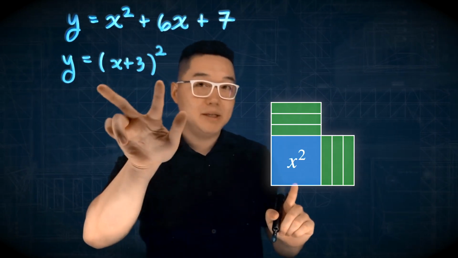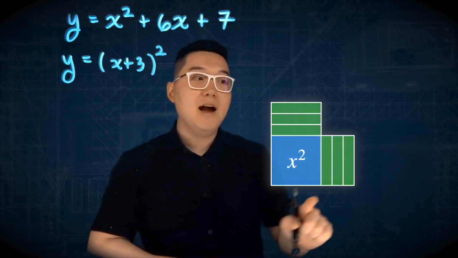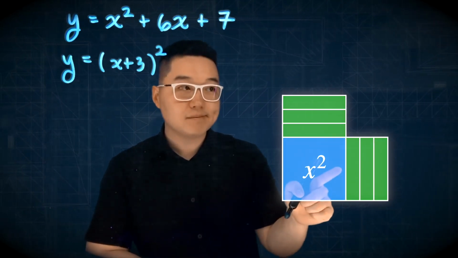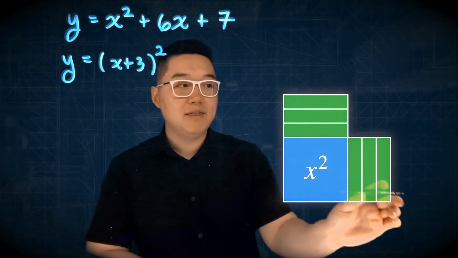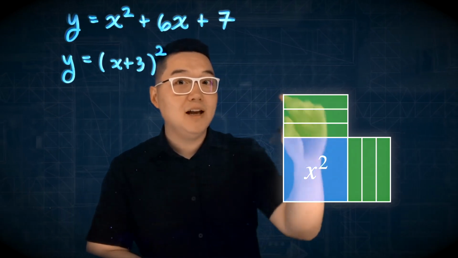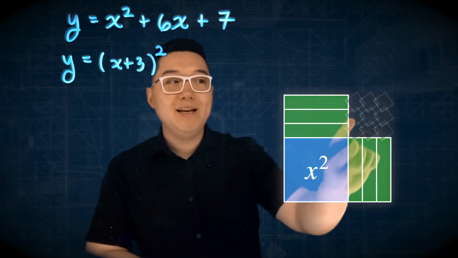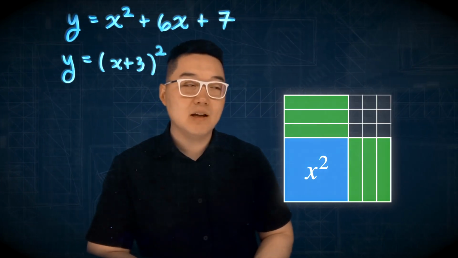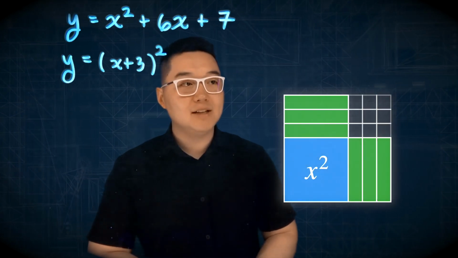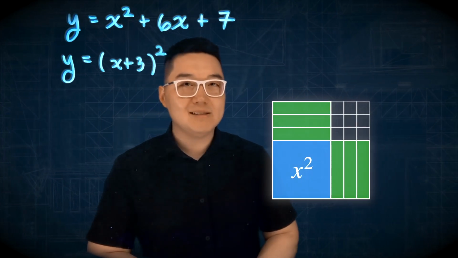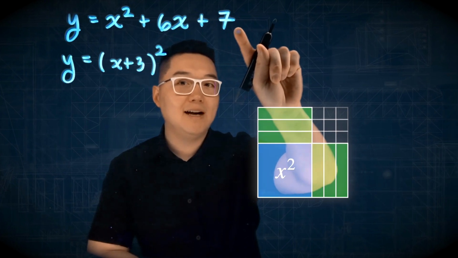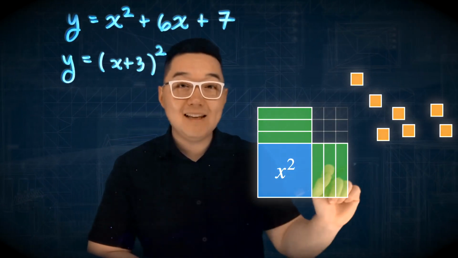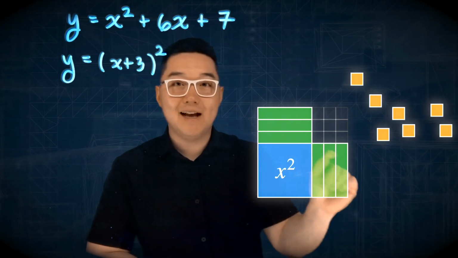However, to build that perfect square, how many ones tiles do I need to fill in? Since this portion has a length of 3 and a width of 3, we need 9 ones tiles. The problem is, I have 7 ones tiles, but I need 9 to fill that in.